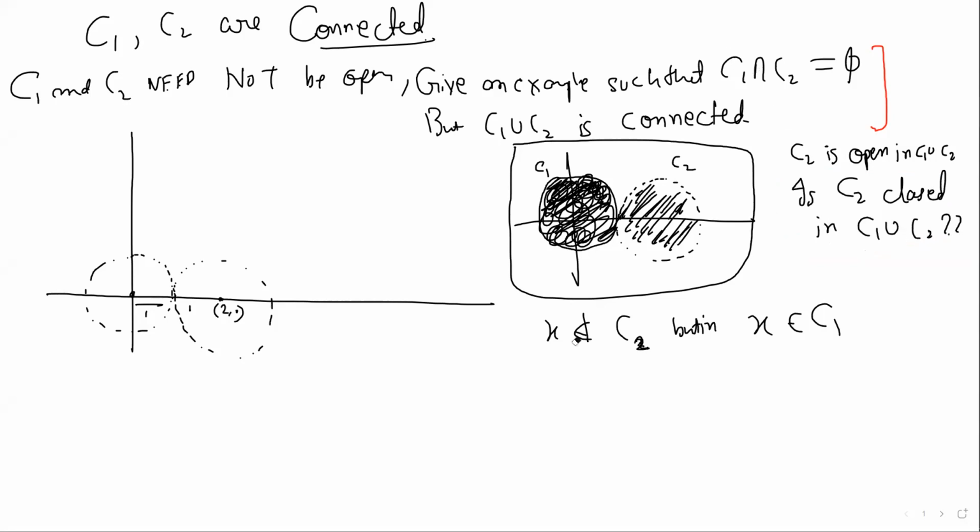Now you guys think about this, please, according to the definitions we have given. So does it have all its limit points? Or is there any point outside which is a limit point? Is there a point outside C2 in C1 union C2 which is the limit of something in C2?